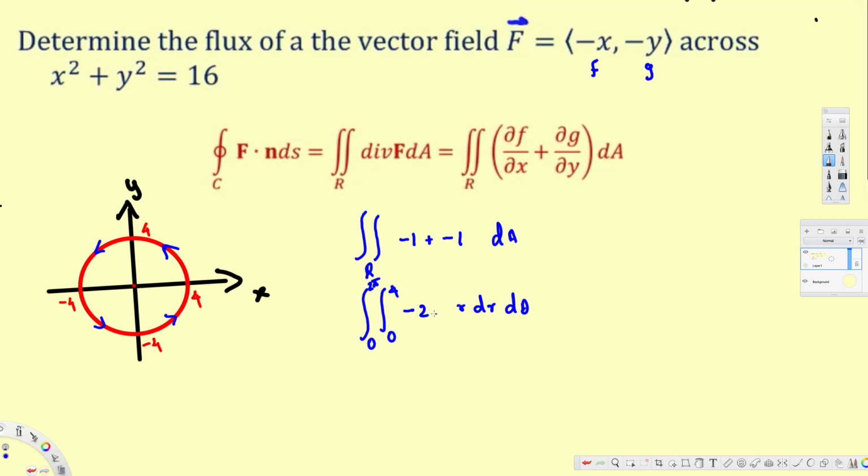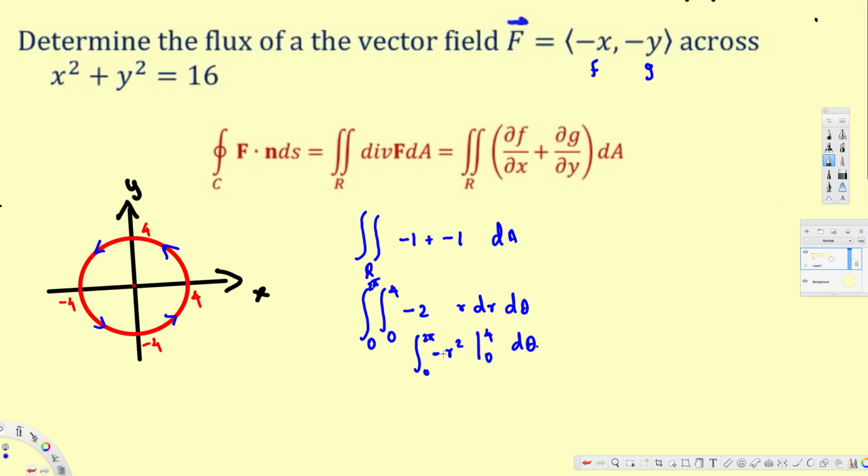Now we can go ahead and do the integration with respect to r. This is going to become negative 2r squared divided by 2, so this is going to be just negative r squared, going from 0 to 4, and the outer limits of integration remain, 0 to 2 pi d theta.